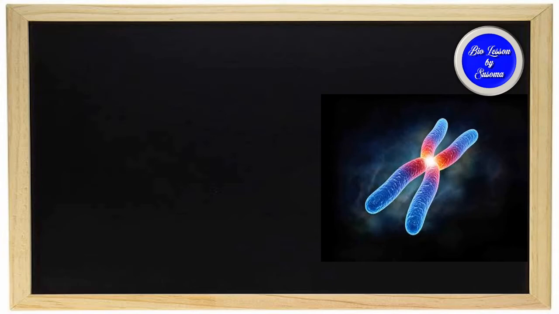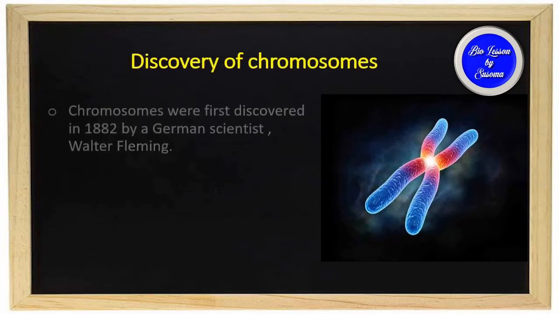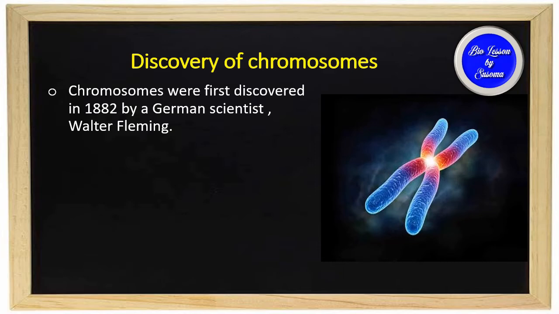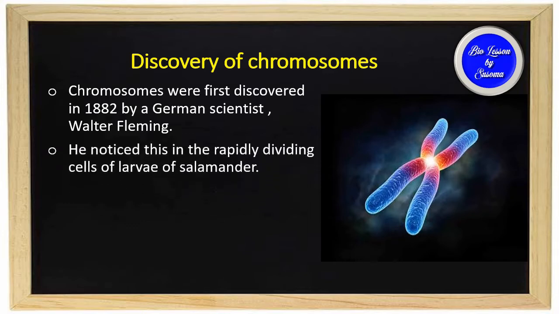Next, my third question is, who discovered chromosomes, or how were the chromosomes discovered? The chromosomes were first discovered in 1882 by a German scientist named Walther Flemming. Flemming noticed this in the rapidly dividing cells of larvae of salamander.